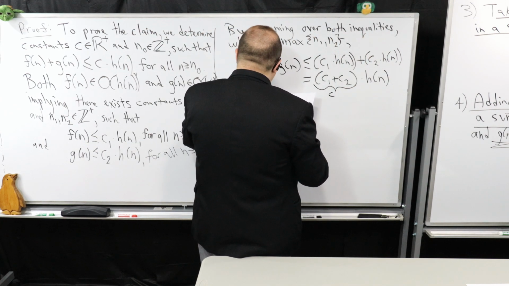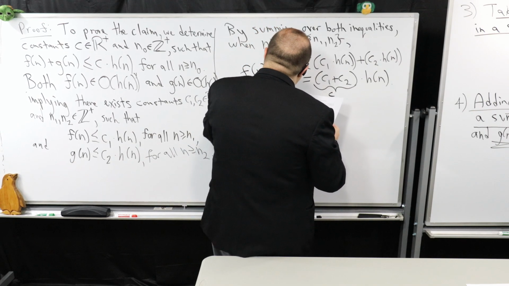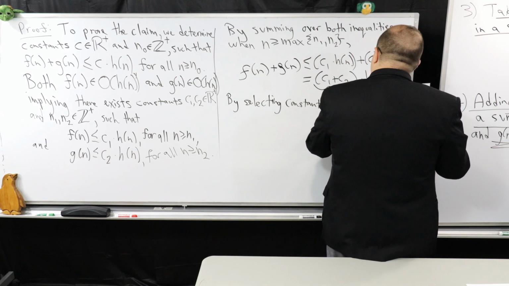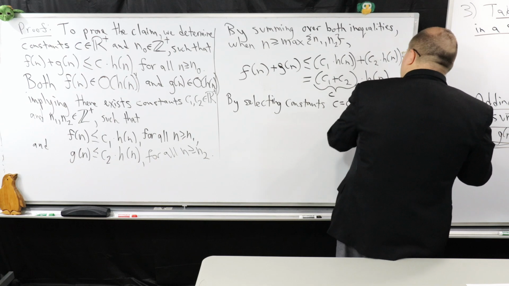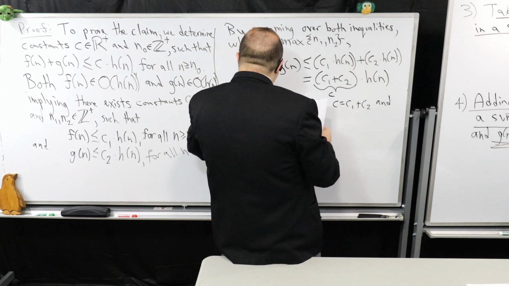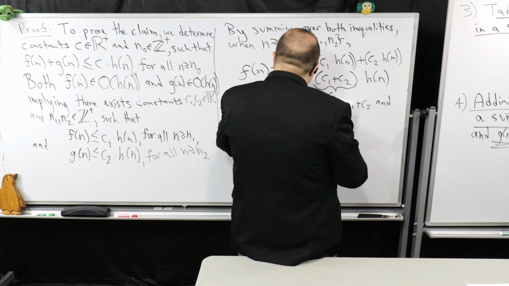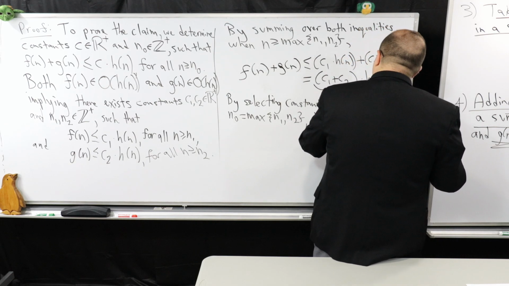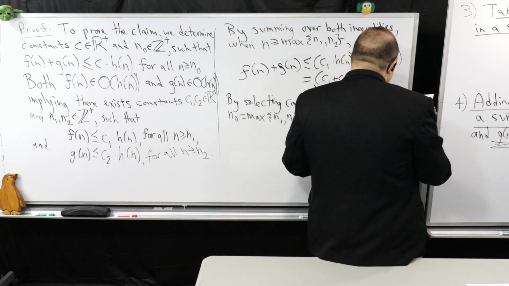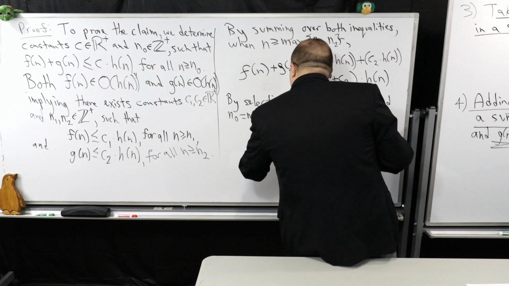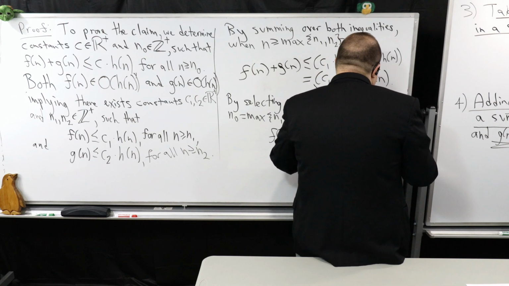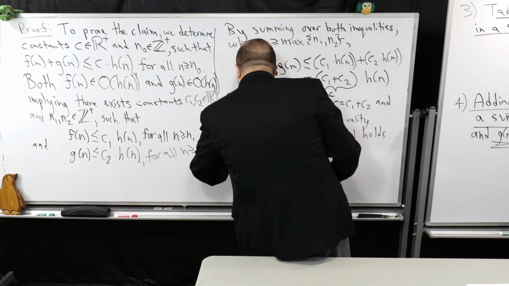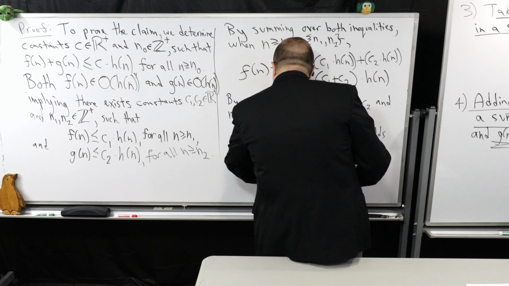So by selecting constants, c equals c1 plus c2, and n0 is going to be the max of n1 and n2, the inequality f of n plus g of n is less than or equal to c times h of n holds for all n greater or equal to n0.